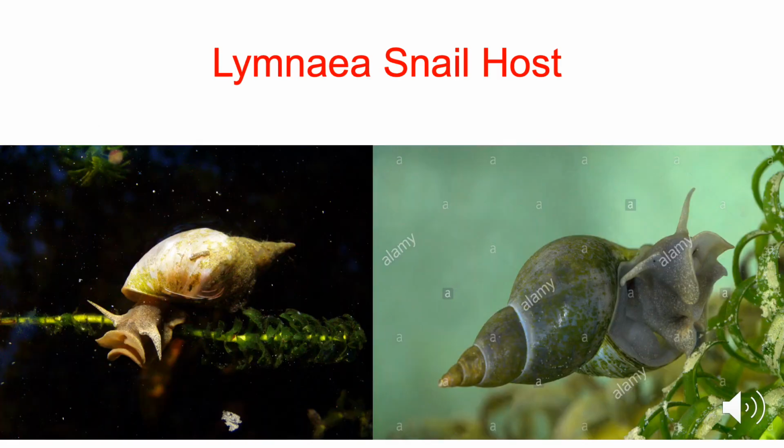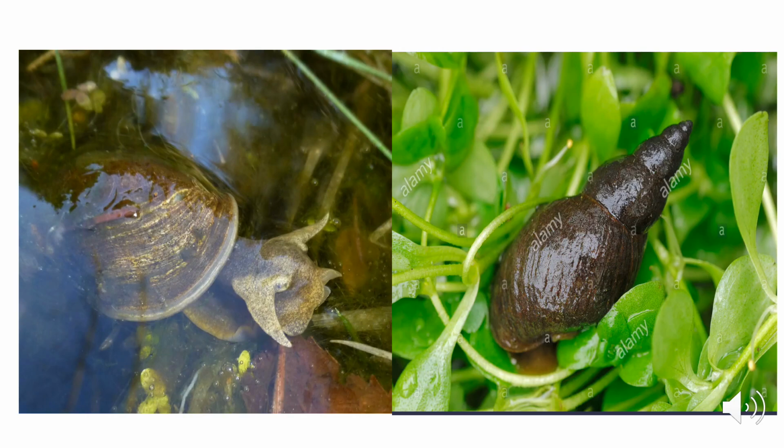These are the Limnaea snail host of Fasciola. They stay most of the time in water. And these pictures will just show us that the snails are living in the same environment as the second intermediate host. So, the cercaria will just easily leave the bodies of the snails and transfer to the aquatic plants, or the second intermediate host.